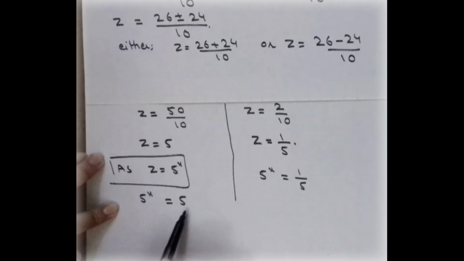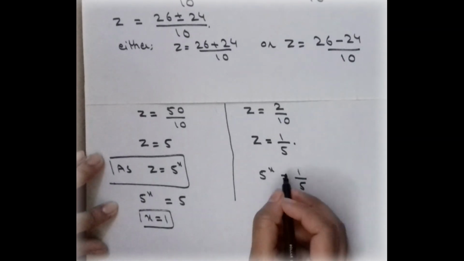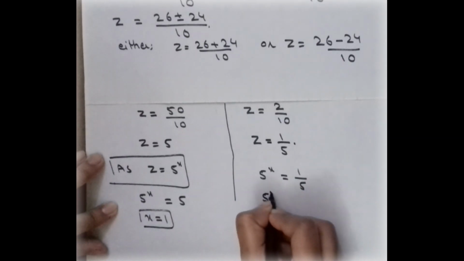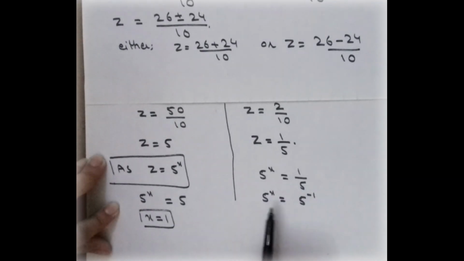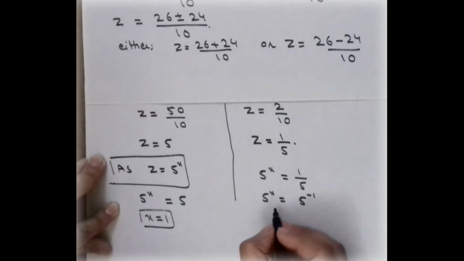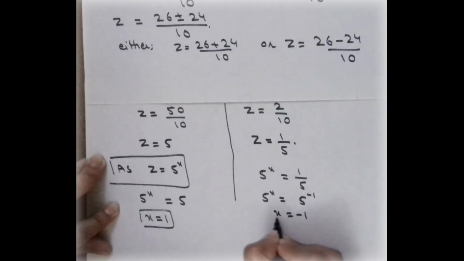Now the base is the same on both sides, and here x is 1, so after comparison x equals 1. And in that case 5 to the power x equals 5 to the power minus 1. Again the base is the same, so x equals minus 1.